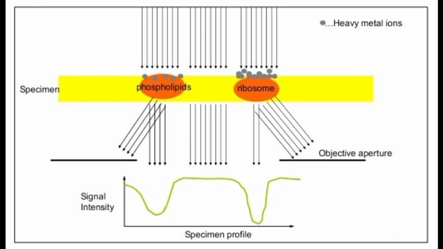Specimen spots with a lot of heavy metal will yield low signal intensity, meaning dark spots, whereas spots with no or few heavy metal ions yield high signal intensity, meaning bright spots.